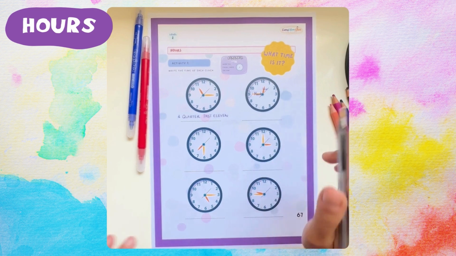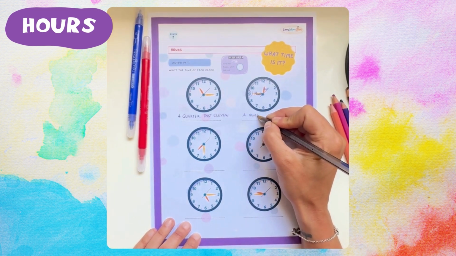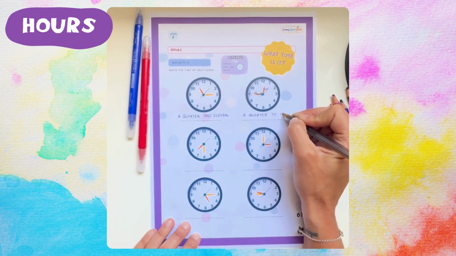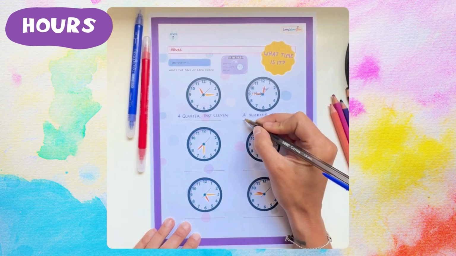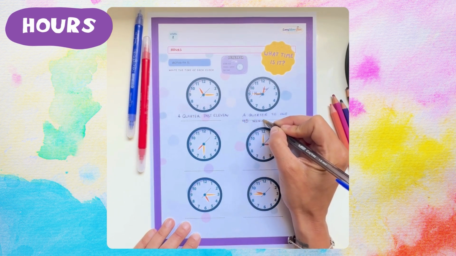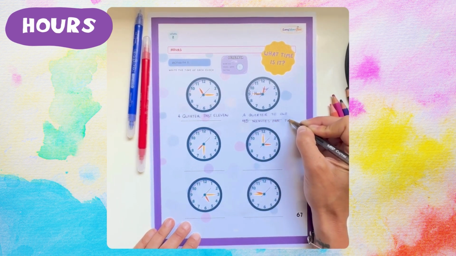Yes? So we can say these two options. A quarter to 1 or 45 minutes past 12.